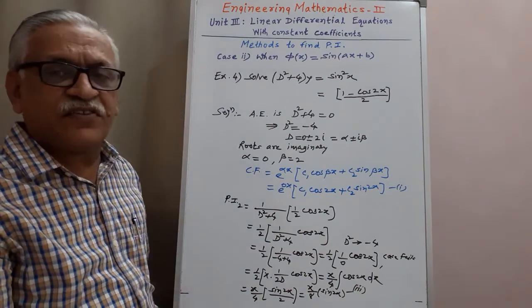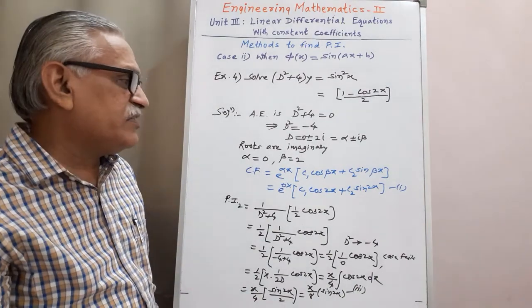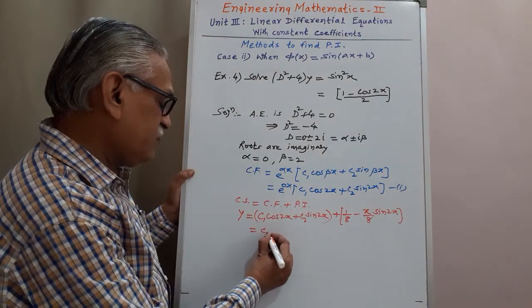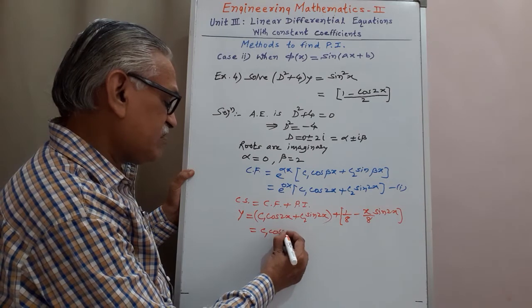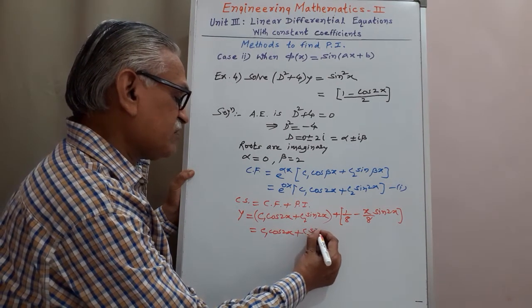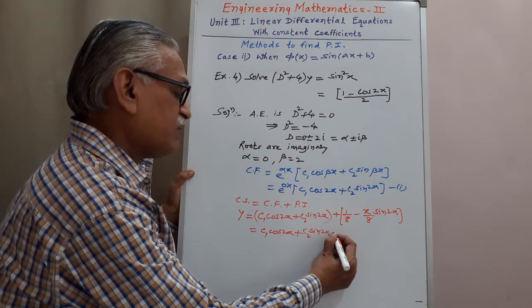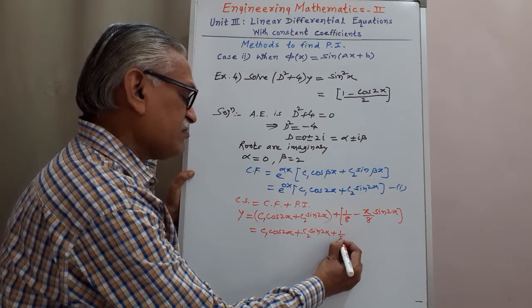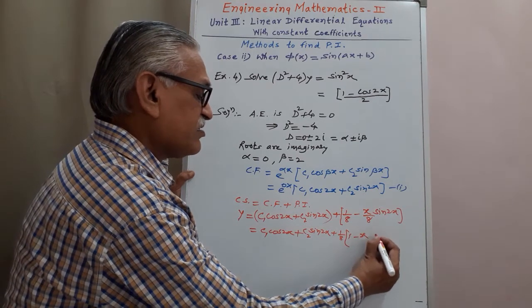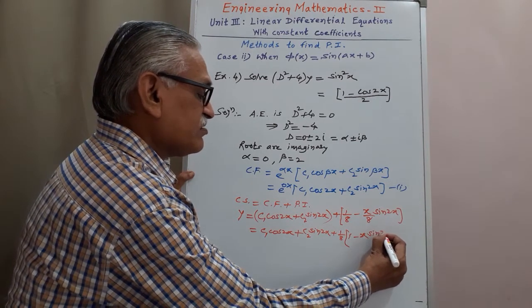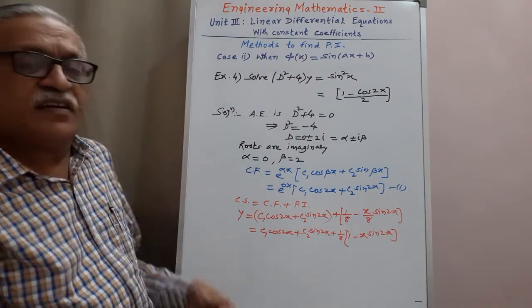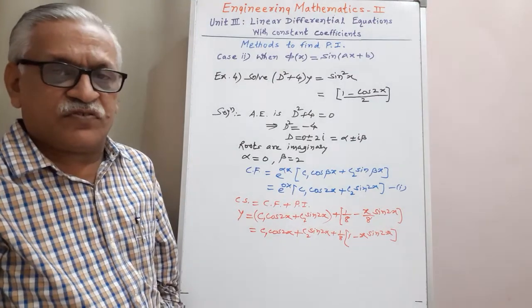Then we take the addition of equations 1, 2 and 3, means CF plus PI, we get the required solution. It is C1 cos of 2x plus C2 sin of 2x plus 1 by 8 times 1 minus x sin of 2x as the required solution.